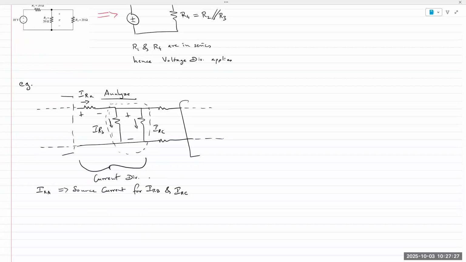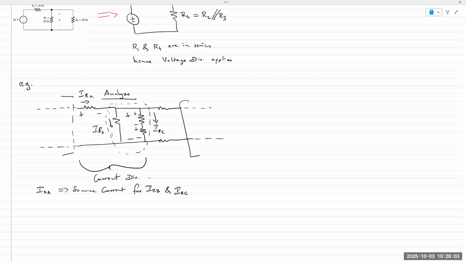And similarly, there might be a series connection of resistors, and we could find voltage in that. For instance, instead of this being one resistor, let's say there were two. So you'd have a plus minus here and a plus minus here. IRC coming down this way, current remains the same, series circuit, voltage gets divided.